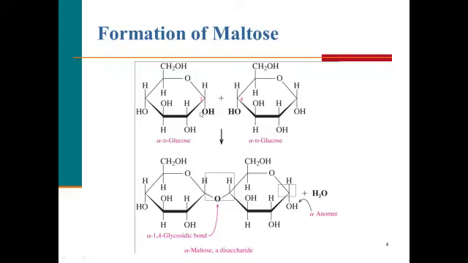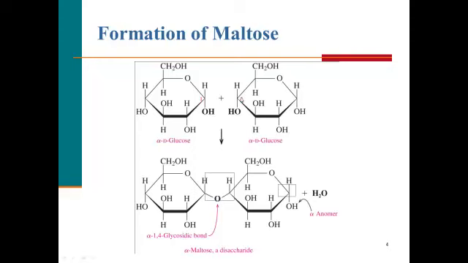Now when the orientation is down, that's the alpha version of glucose. So alpha D-glucose is joined together with a second alpha D-glucose molecule here. It's joined together by the removal of a water molecule and the formation of an oxygen bridge between carbon 1 of our first glucose molecule and carbon 4 of our second glucose molecule.